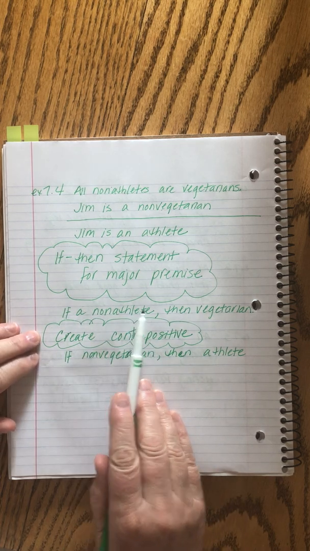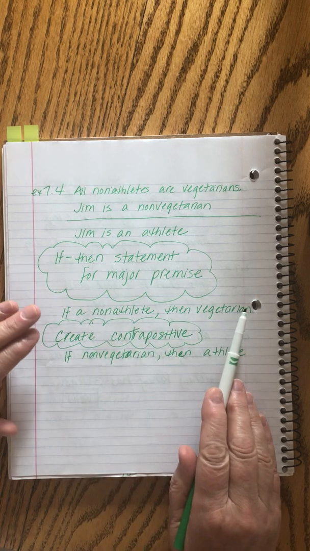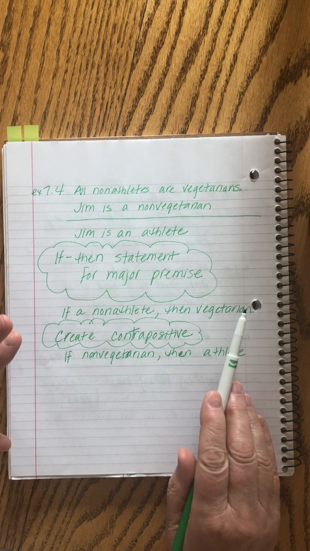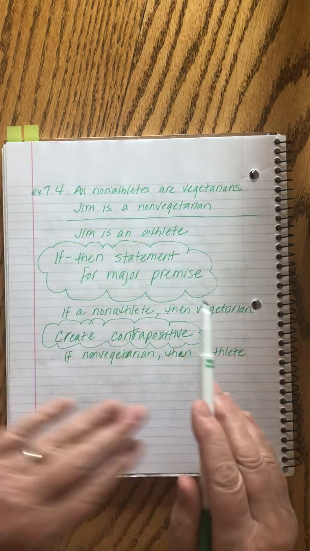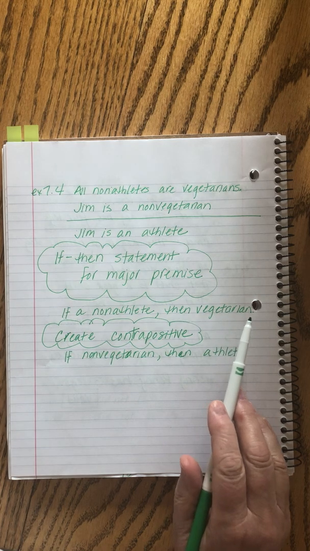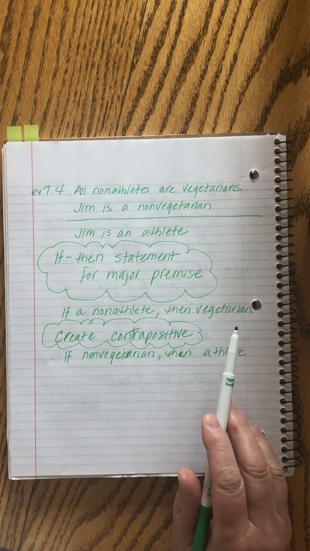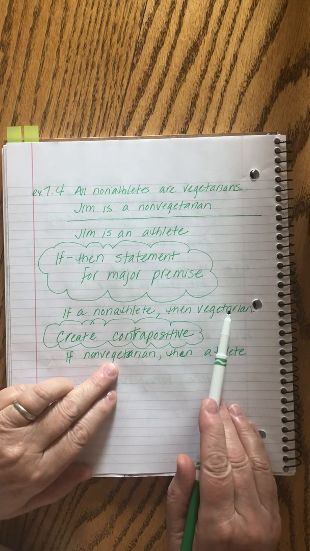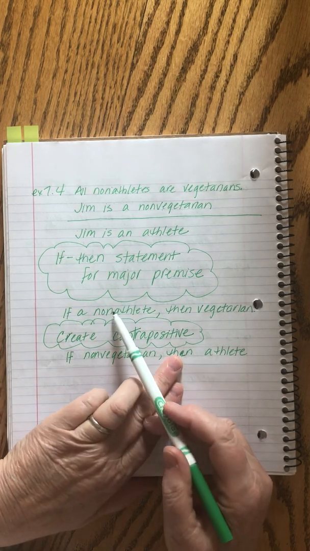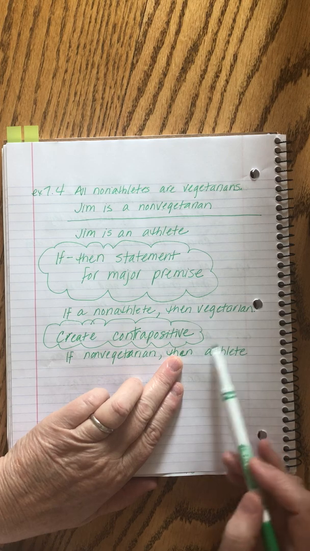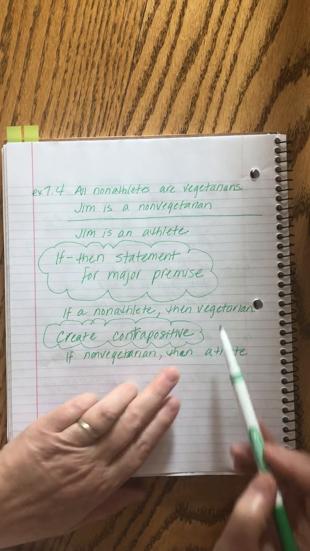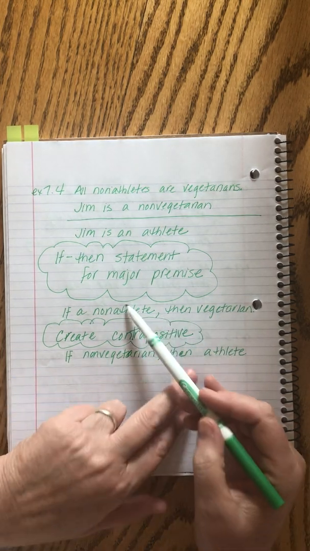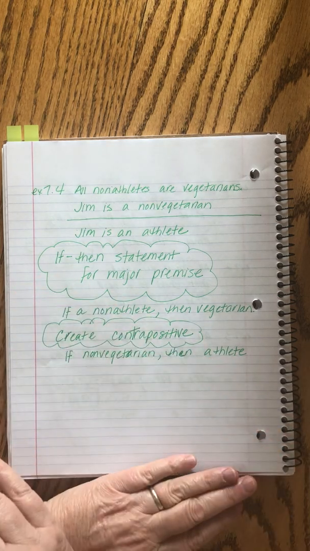If a non-athlete, then a vegetarian, we reverse both of them, and we switch the order, and we make both of them the opposite of what they were by using the word non or taking it away. So if non-vegetarian, then an athlete, because this one has non, so we take it away. Here we add a non, here we subtract a non, we reverse the order.